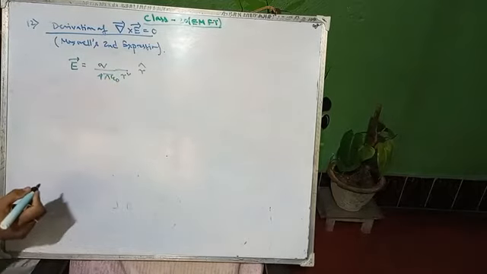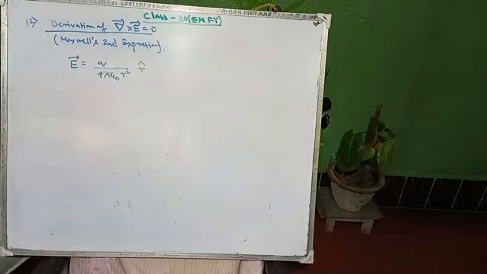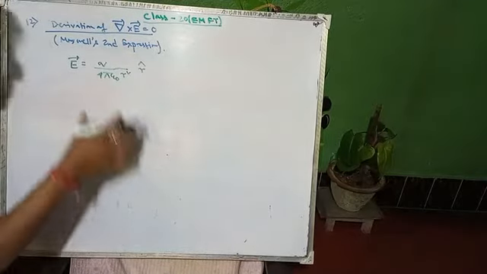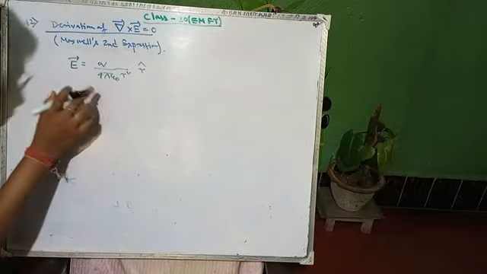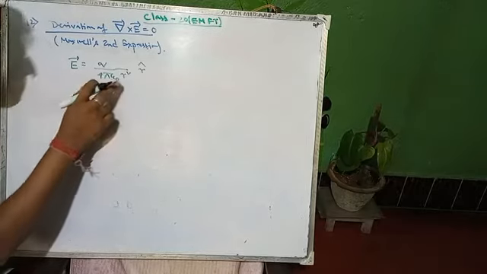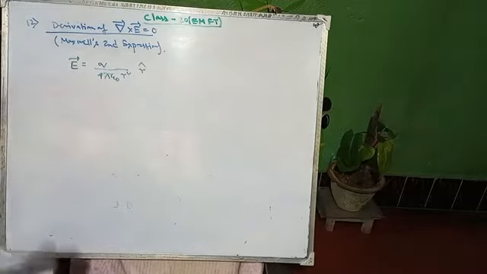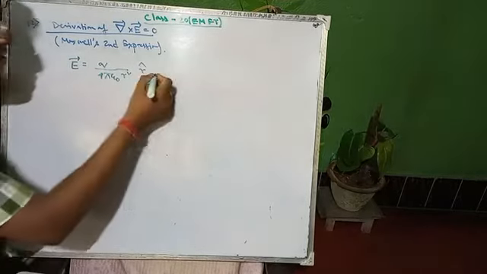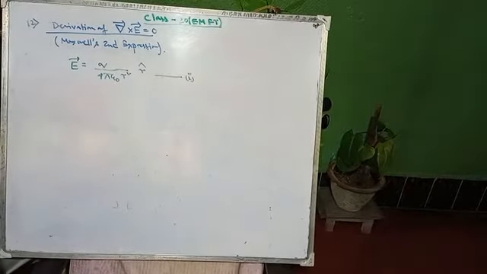This is very easy. From Gauss's theorem or from the intensity definition, you can write the intensity at a point which is at distance r from a point charge q this way. Make it equation number 1.